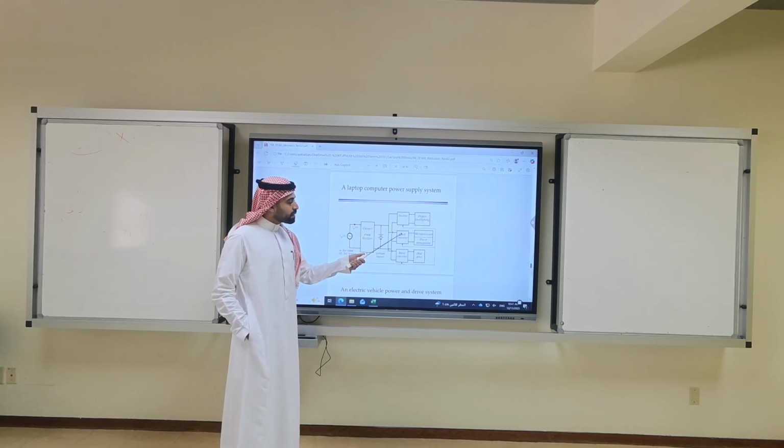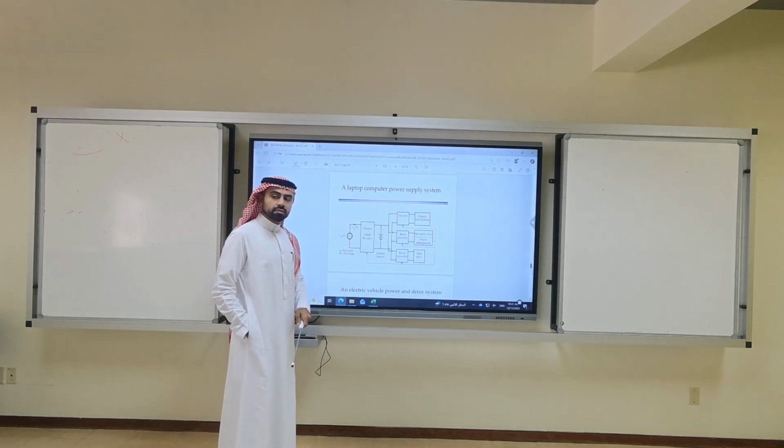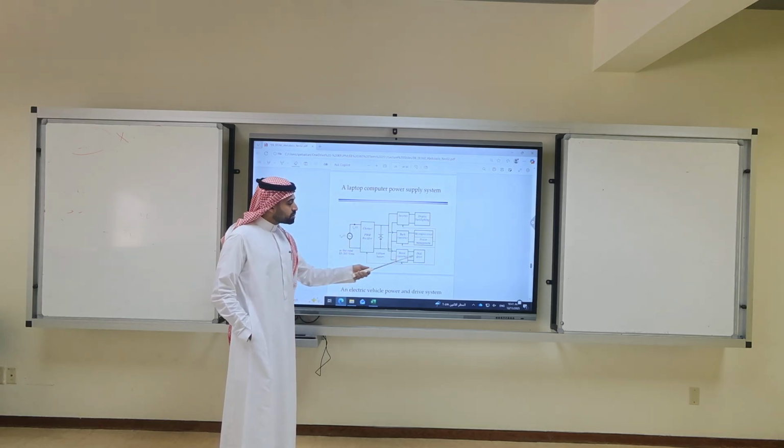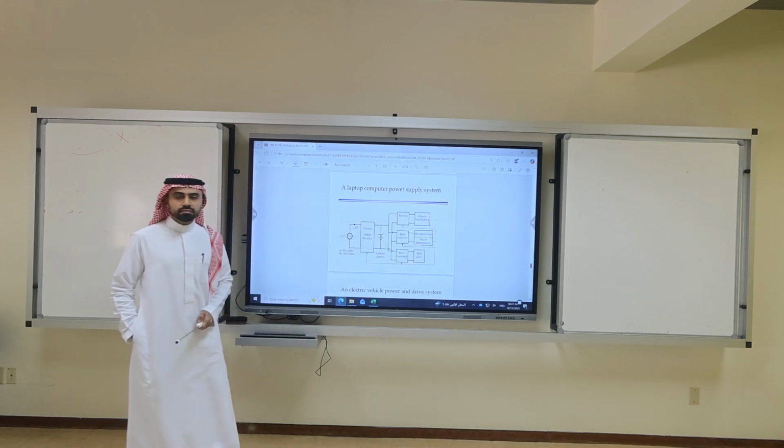Or a buck converter. With buck I can reduce the DC low to the microprocessor level. Or boost for the hard disk drive. I need high DC, because the hard disk needs higher DC, not the SSD.